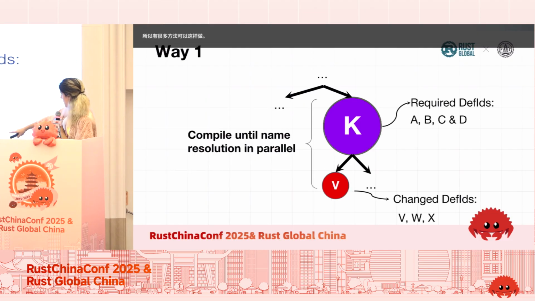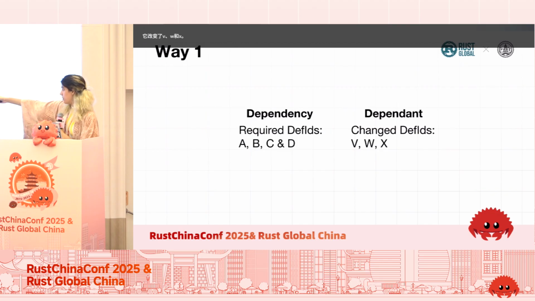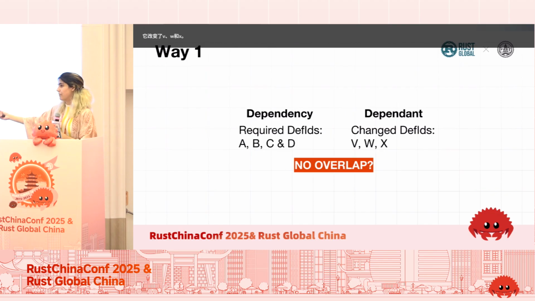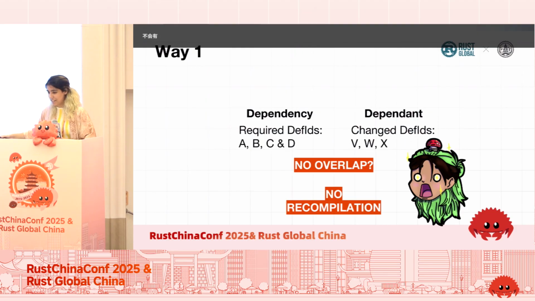So we go up to name resolution in both modules. The required def IDs are A, B, C, D in K, and in B, the changed ones are V, W, and X. We can see here, if there's no overlap, there would be no recompilation because it's just not needed.